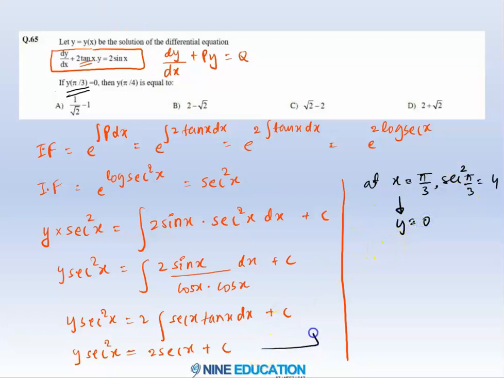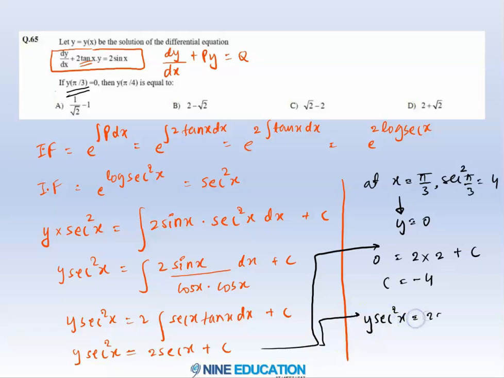So left side will become 0 is equal to 2 times of secant x, basically secant pi by 3, which is also 2, plus constant c. So c value we are getting as minus 4. So our answer will be y sec square x is equal to 2 secant x minus 4.